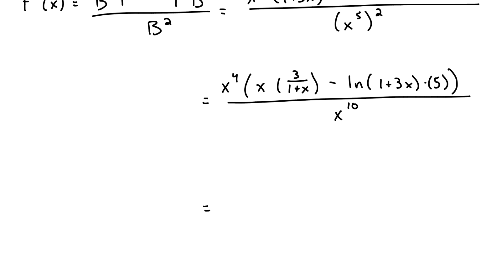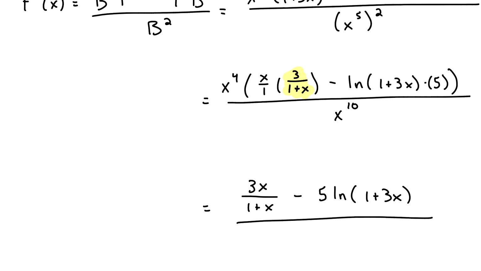So I'm going to multiply x times 3 over 1 plus 3x. Remember, I can rewrite x as just x divided by 1. So 3 times x, that would be 3x divided by 1 plus 3x, minus, and actually I'm going to move the 5 up, minus 5 times natural log of 1 plus 3x.